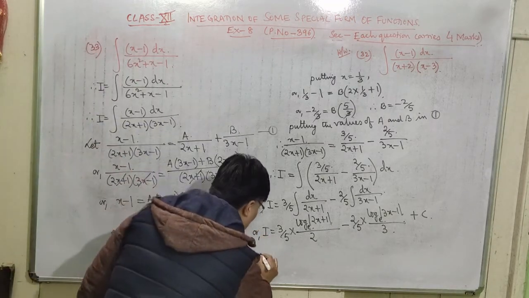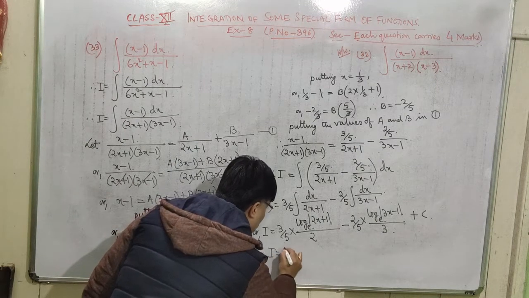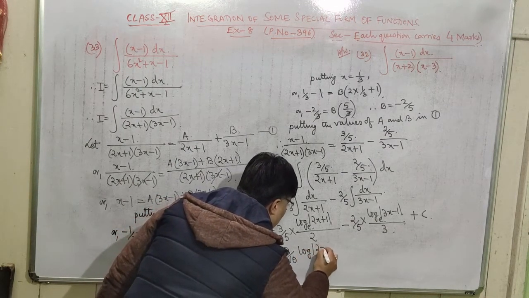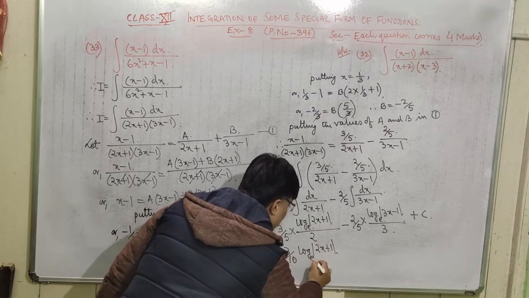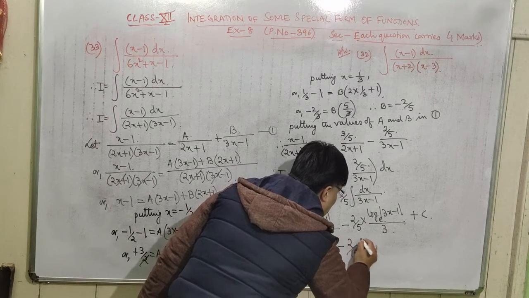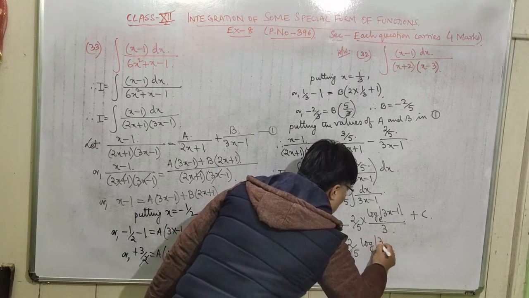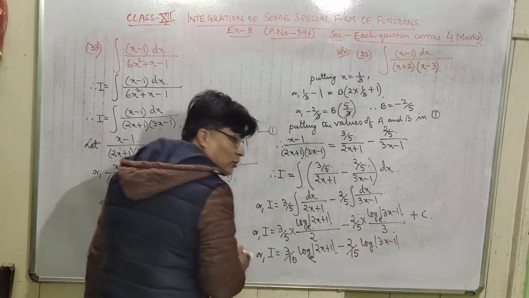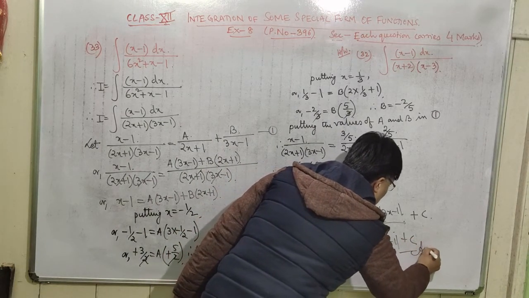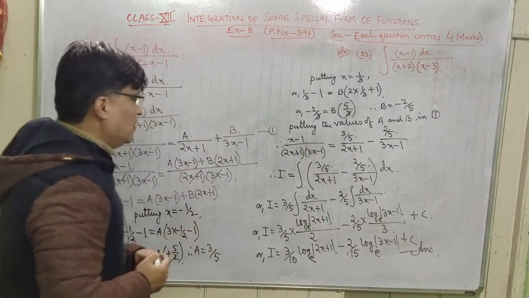Okay. Or I is equal to 3 by 10 log within mod 2x plus 1, the base is e, minus 2 by 15 log within mod 3x minus 1, the base is e, then plus c. So this is the final answer.